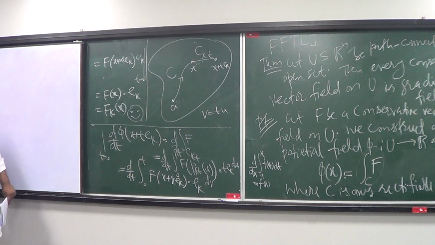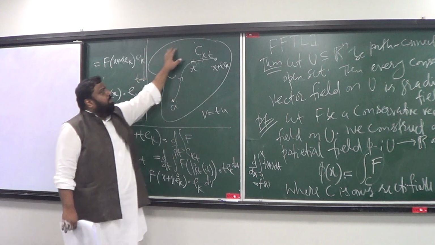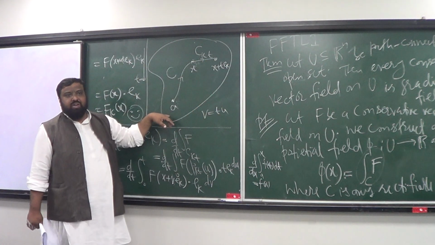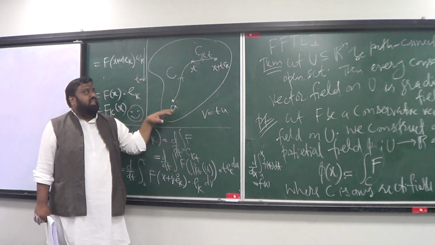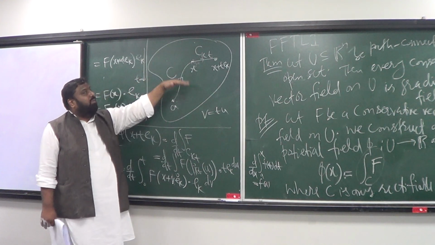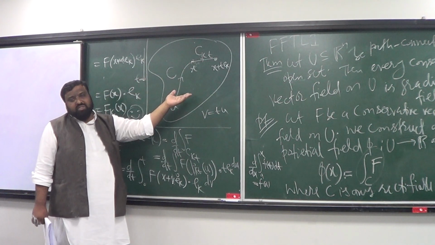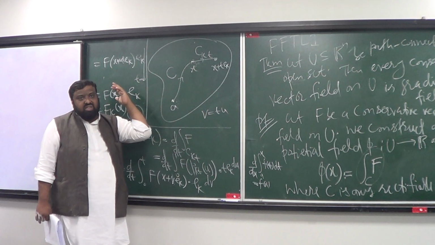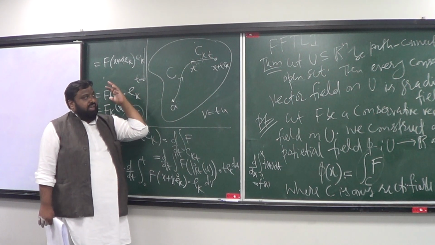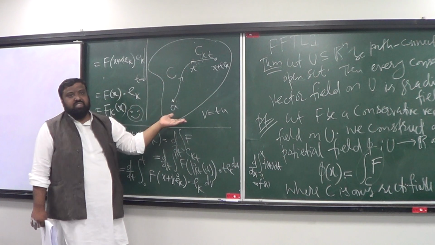Interesting. So what did we say? We said we have a path connected set, and let's take a point from that path connected set. And I would like to show that on a path connected open set, if you have a conservative vector field, it must be a gradient.